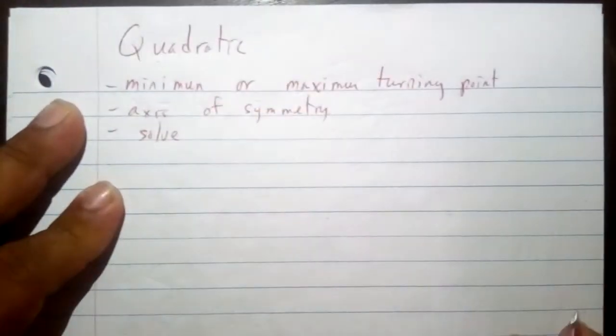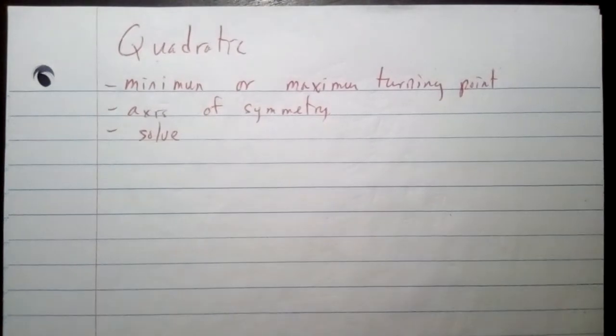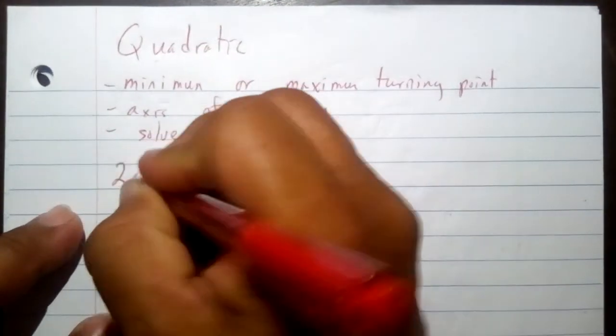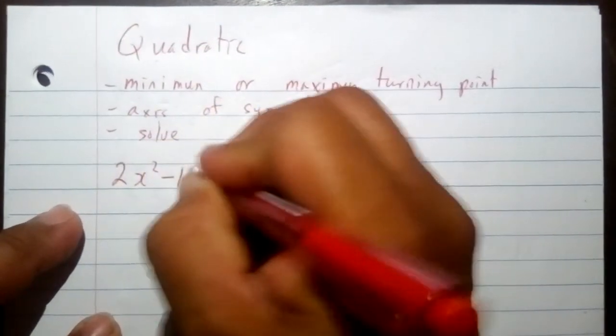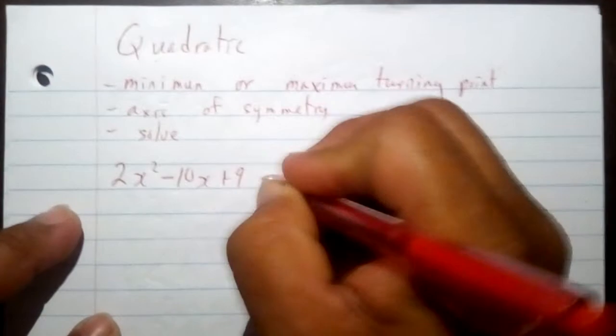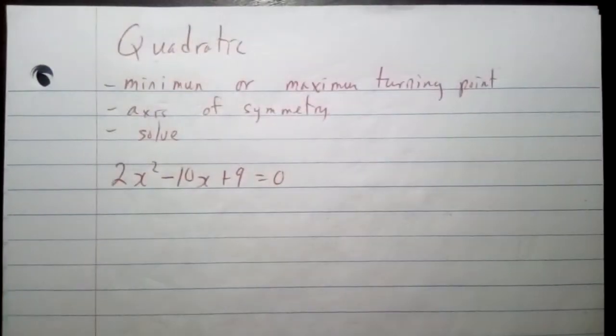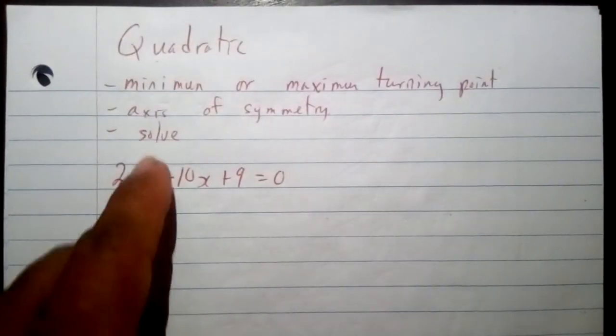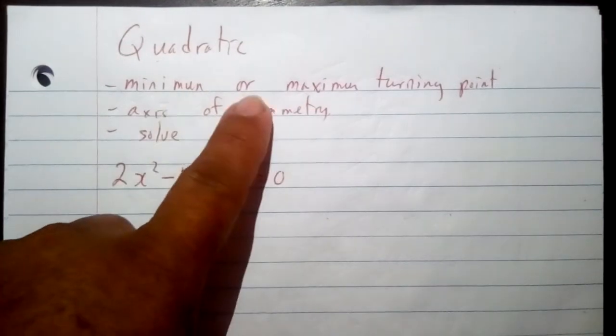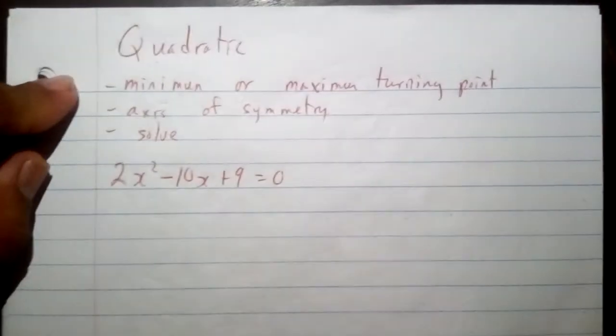Solve. Okay, remember certain quadratic equations can be factorized out, some of them cannot be factorized out. So this is the question. We have 2x squared minus 10x plus 9 equals 0. The giveaway here is to determine if it's a maximum or minimum turning point. So key things here.